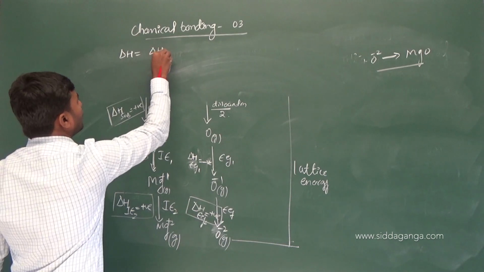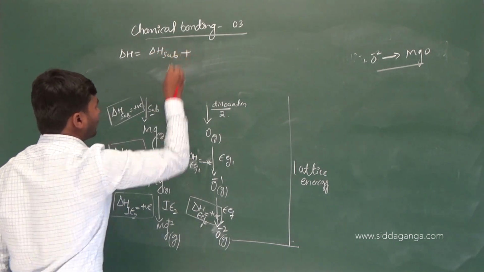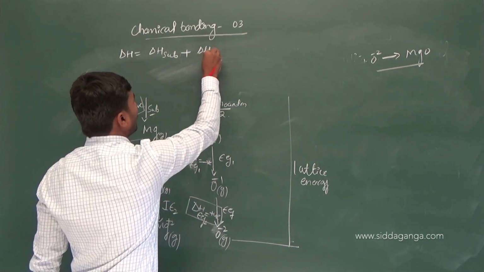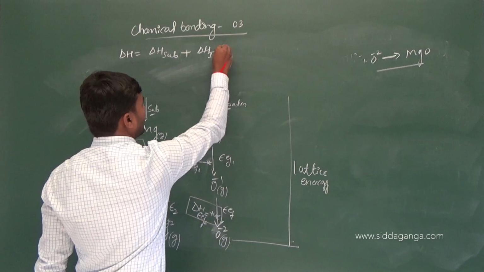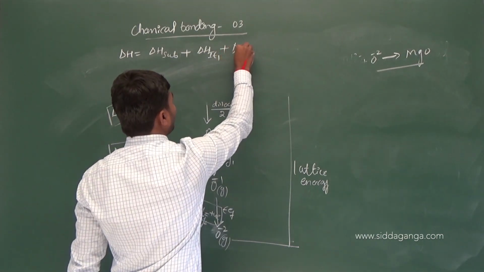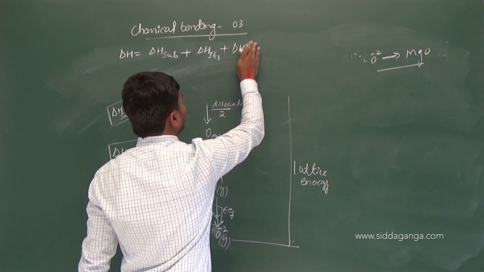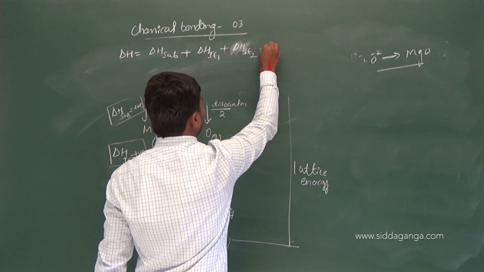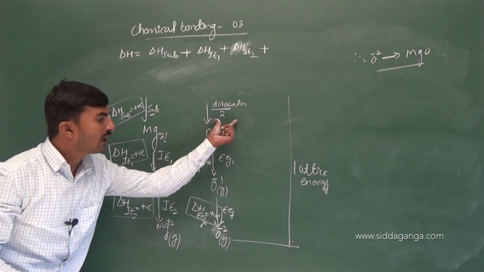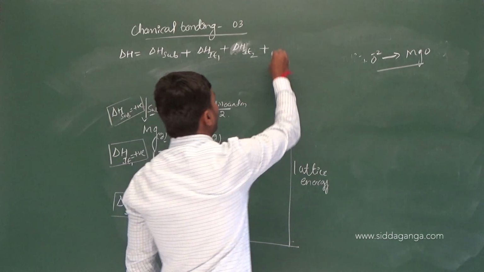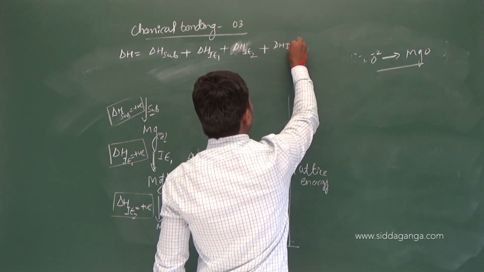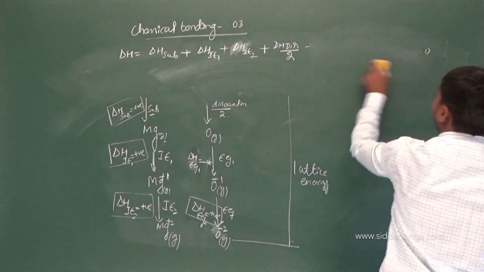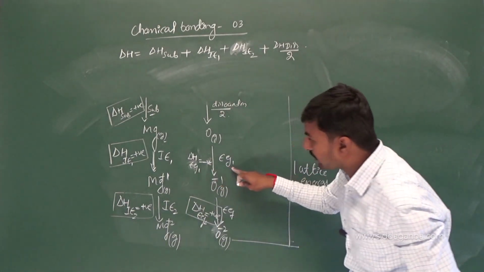Enthalpy of sublimation, plus the first ionization enthalpy, plus the second ionization enthalpy, plus, third, what is it? Enthalpy of dissociation divided by 2, followed by electron gain enthalpy.